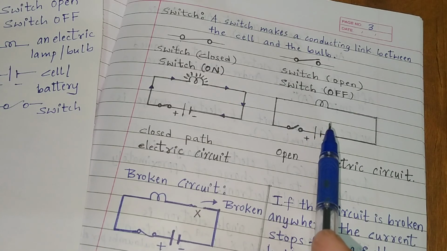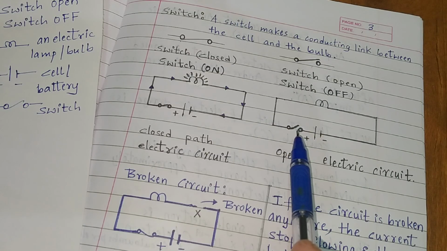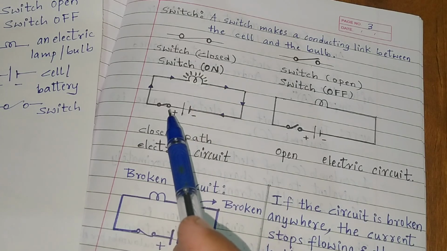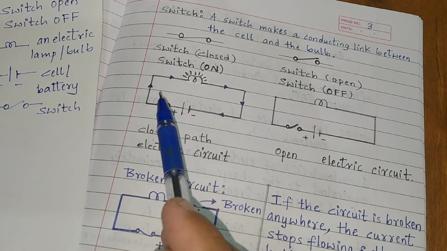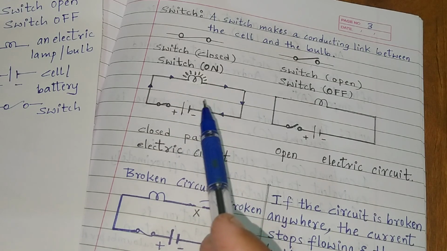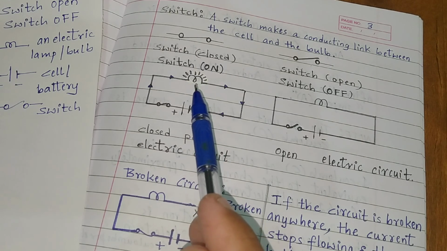I hope, dear students, you have understood very well. So purpose of a switch is that it makes a conducting link between the cell and the bulb. Here, switch is in a closed position, hence a conventional current will flow in the entire electric circuit through a bulb, hence an electric bulb will glow.